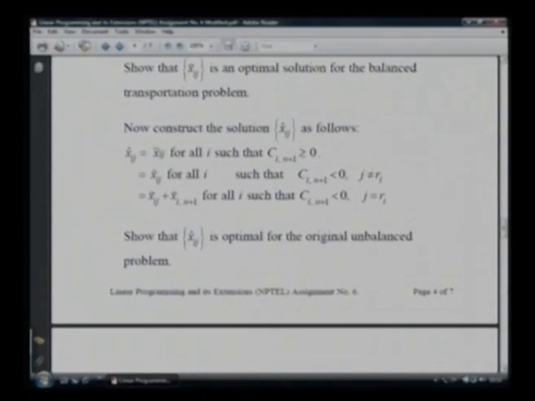So, the optimality criteria does not change, even though the constraints are now not equality constraints, but less than or equal to kind, the optimality criteria will remain unchanged. So, once I have given you this xij hat, just check that the given solution is optimum, okay, for the unbalanced transportation problem.